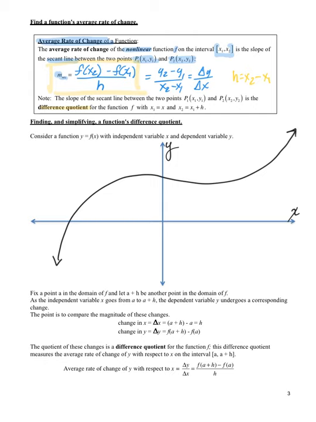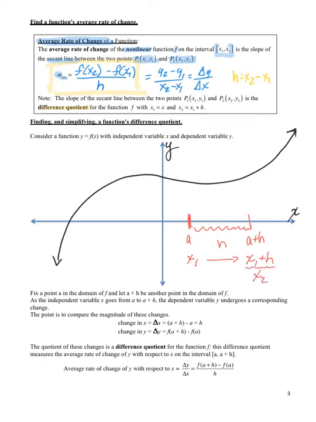So that means I need to look at 2 points. So let's look at point A. Let's take a little step h, and that's going to give me the point A plus h. I can also call this x1, take a distance, and say this is x1 plus h. x1 plus h is x2.